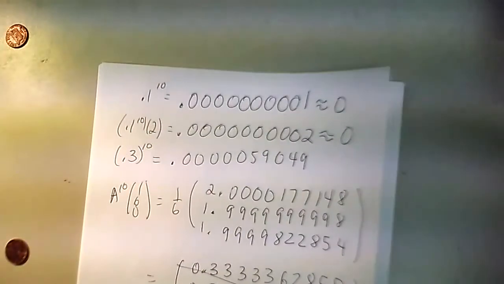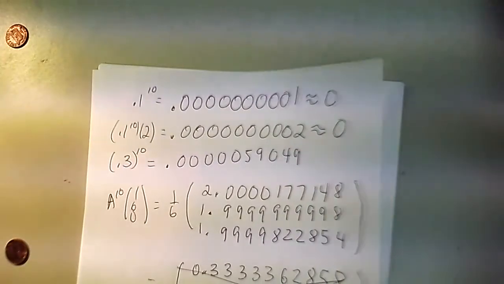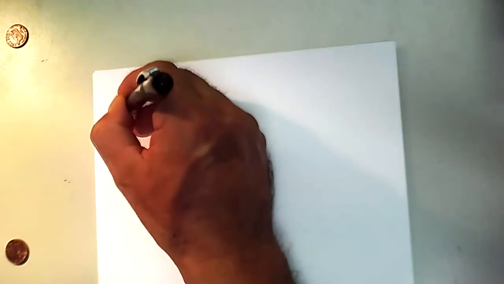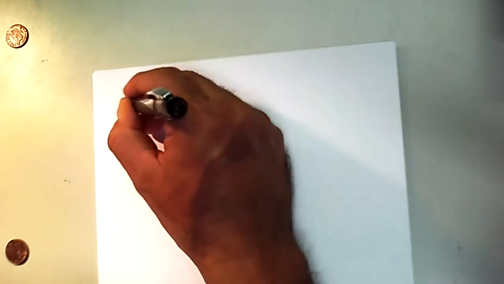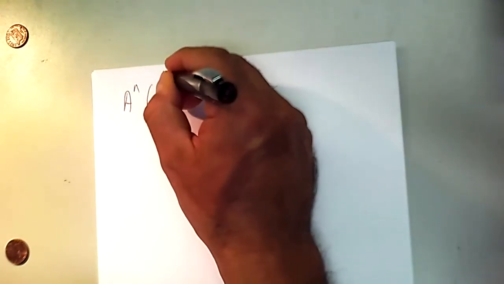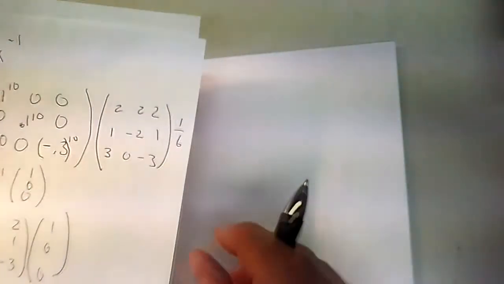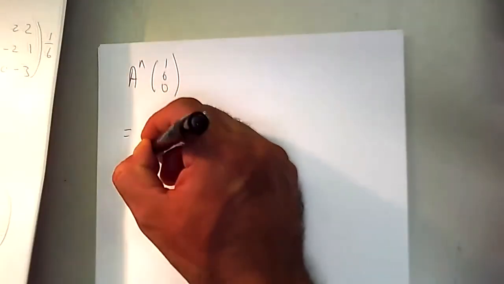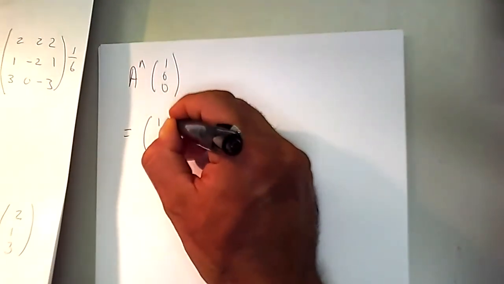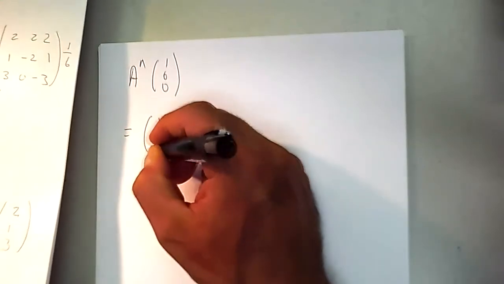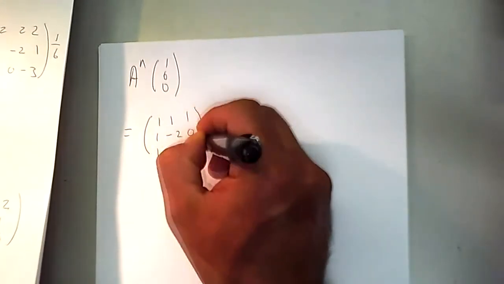Oh, how about infinity? Okay, so we can generalize: A to the n times (1, 0, 0) is equal to, let's go back a couple of pages, the matrix 1, 1, 1, 1, negative 2, 0, 1, 1, negative 1, which is our x.